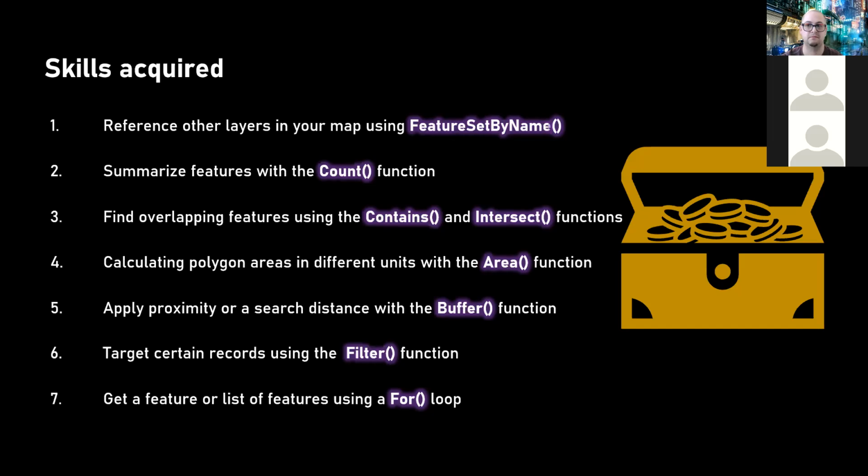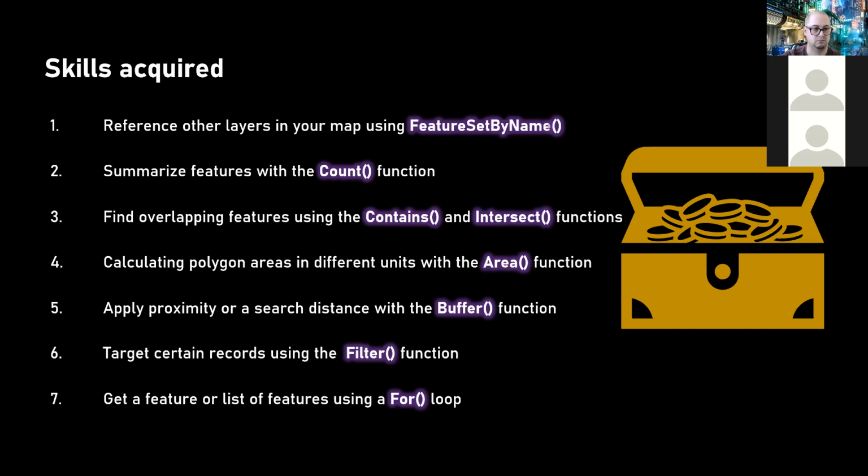So far we learned how to create connections between layers with feature sets. And we learned how to count the number of overlapping features with the count function. We also used the area function to calculate polygon areas in different units. And again, we learned how to create buffers around features with the buffer function.